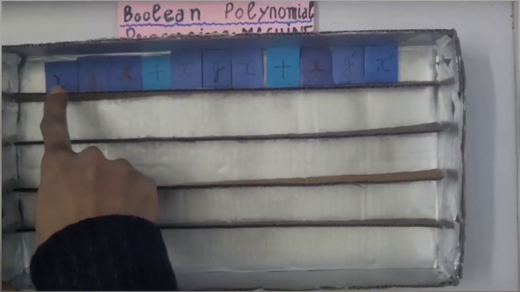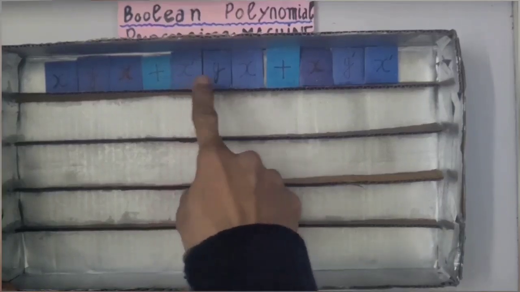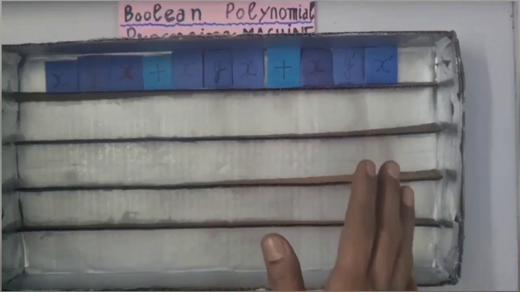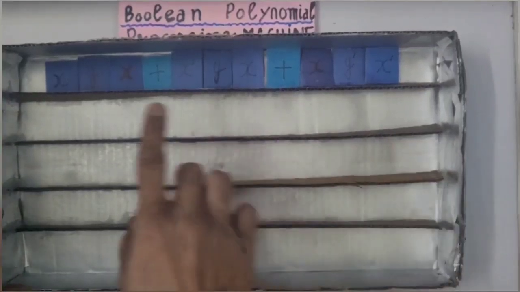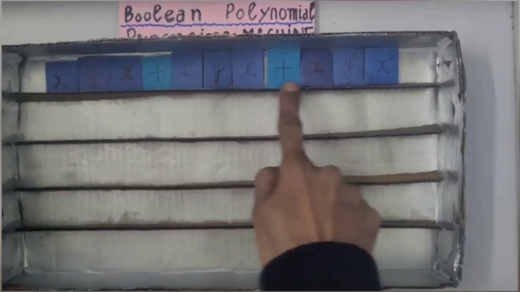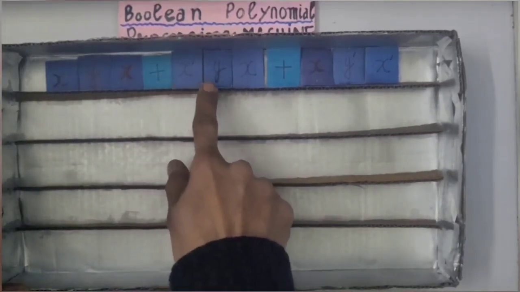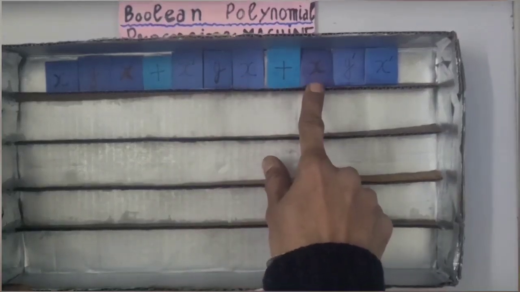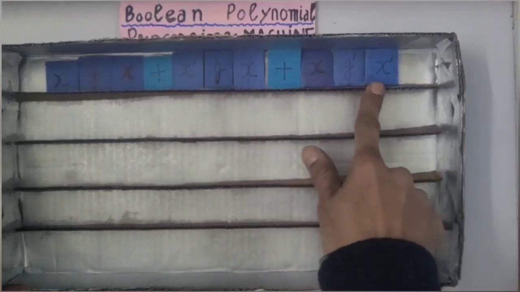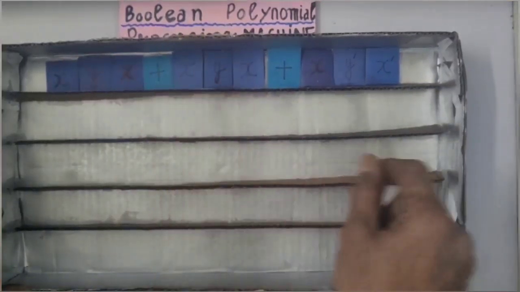depending upon whether we are using x or y, or whether we are using x dash or y dash, the input values will be taken accordingly. One thing you have to remember is that this Boolean polynomial p, x y x plus x dash y x plus x y dash x dash, which we have taken, is a Boolean polynomial in two variables x and y.